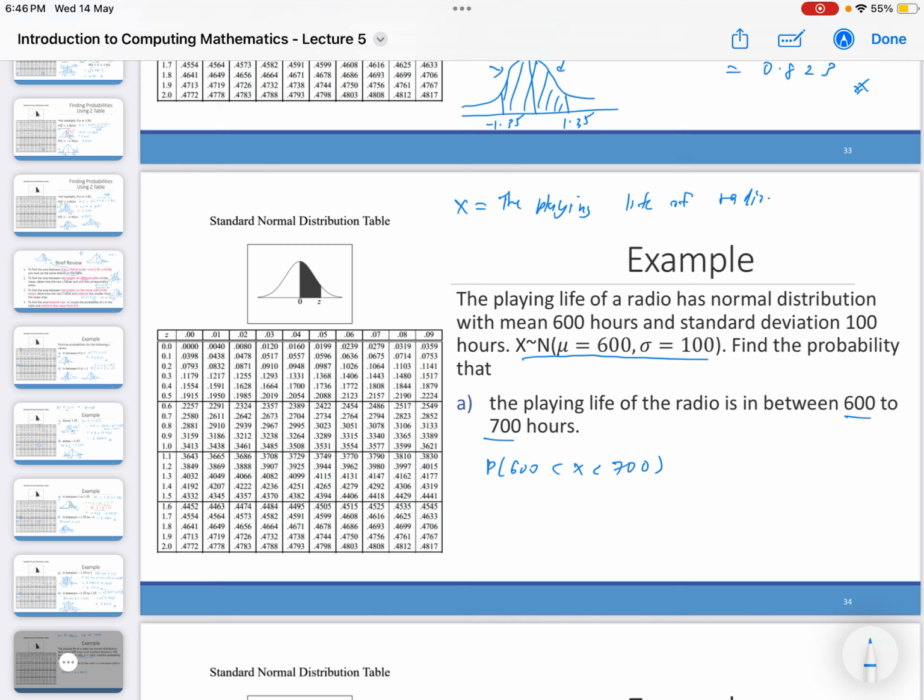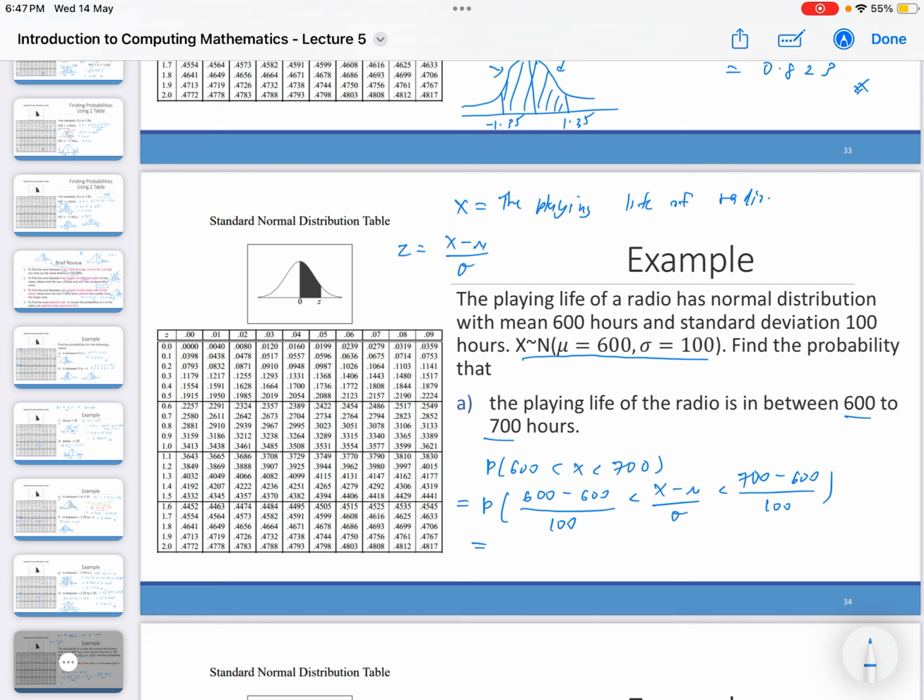We know any normal distribution can be converted into standard normal. So this is when we use the conversion. We convert this X to the standard normal distribution. This is the formula: Z equals X minus mean divided by standard deviation. So this equals the probability of 600 minus the mean, which is 600, divided by the standard deviation, which is 100, less than Z, less than 700 minus the mean, which is 600, over the standard deviation, which is 100.